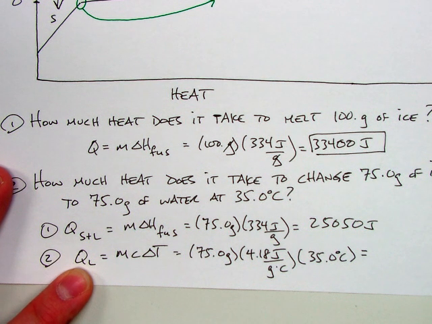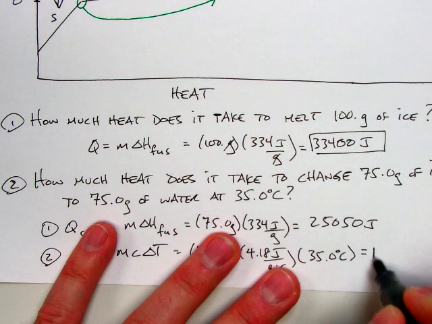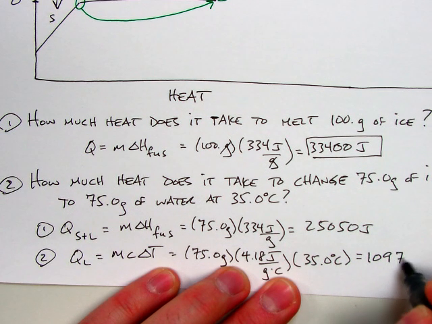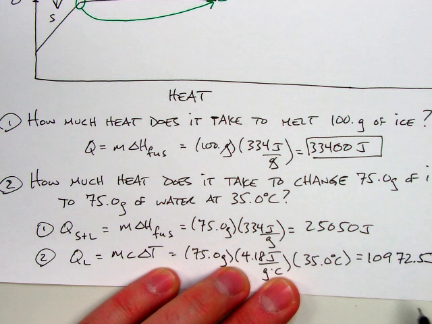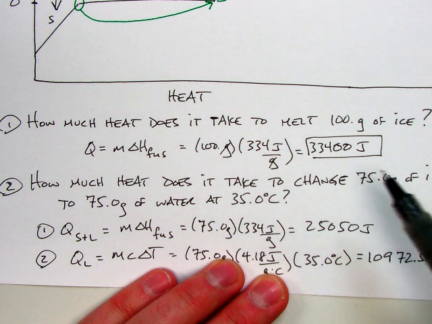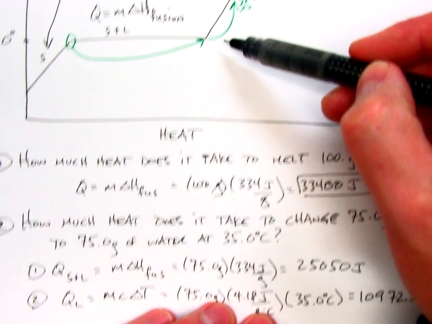Okay, so I'm going 75 times 4.18 times 35. So I get 10,972.5 joules. So now I figured out it took about 11,000 joules to go from here to here on our graph.